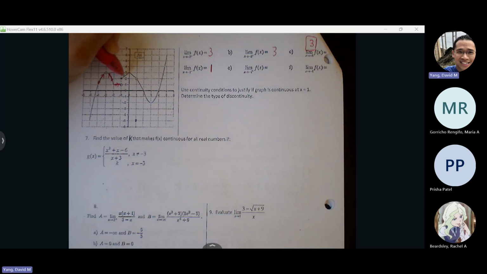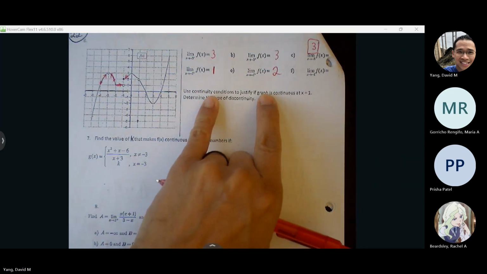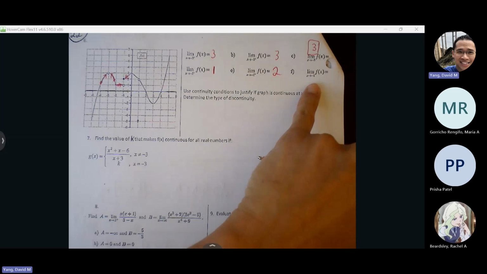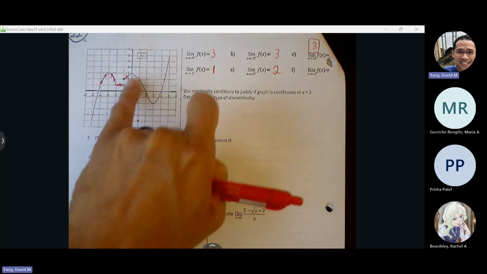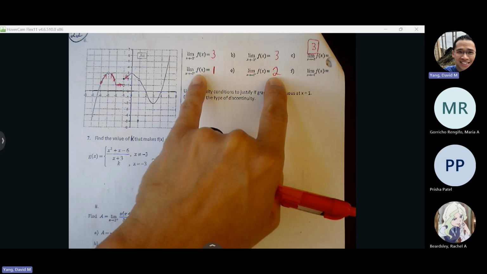Take a point to the right of -1. That arrow is headed towards a y value of 2. Now, if I want to find the full limit, we can definitely tell by the graph that there's a jump discontinuity. We can also confirm with our one-sided limits that the limit doesn't exist.